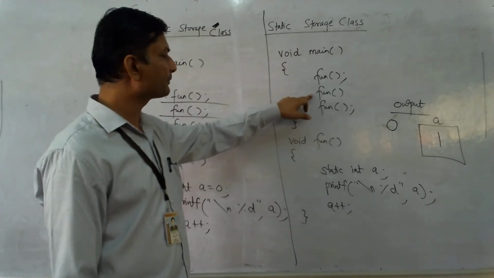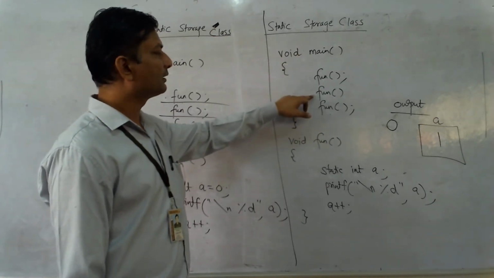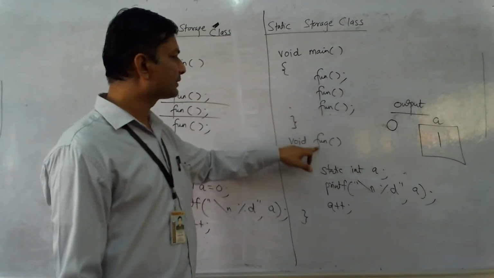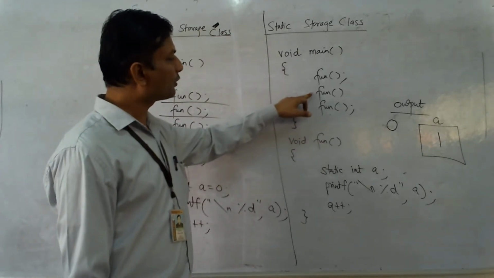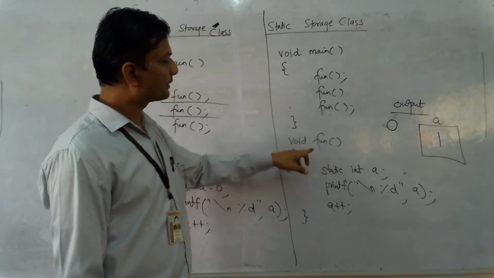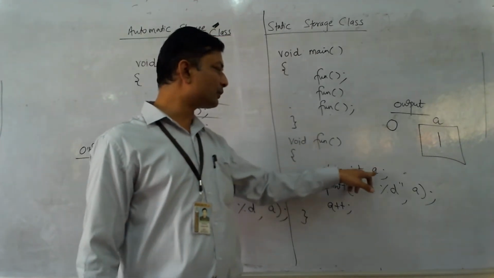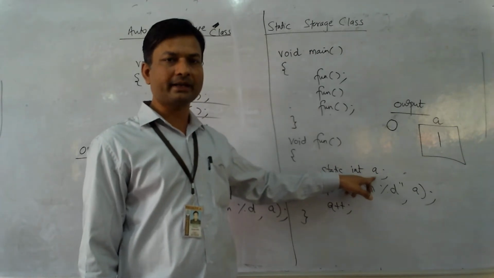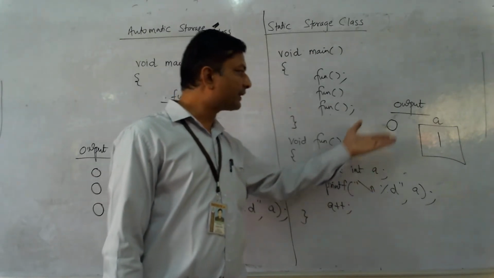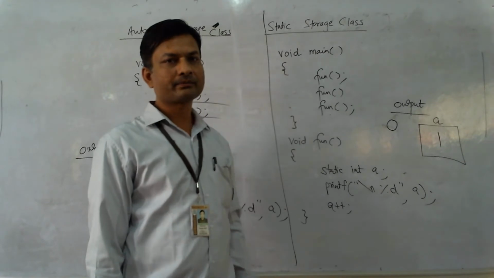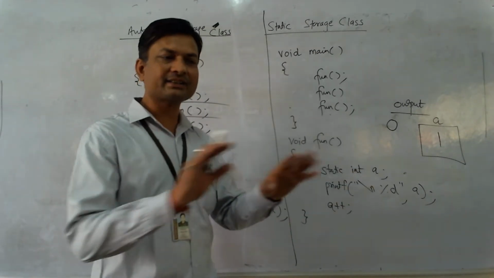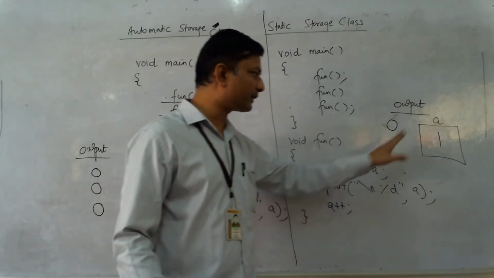In second line of main function, we have again called the same function fun. Control again jumps to function fun. In its first line, it is supposed to declare a variable named A, but because this variable is already declared, it won't declare this variable again. This variable is already declared.